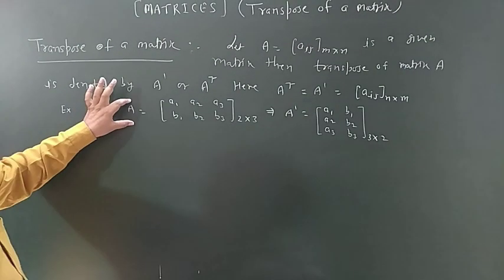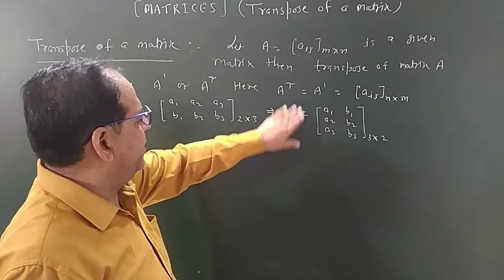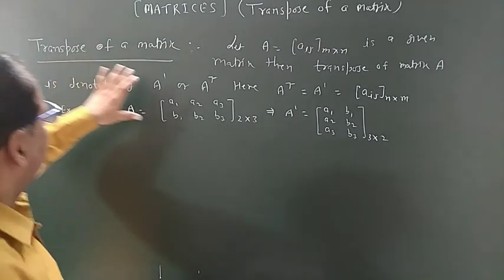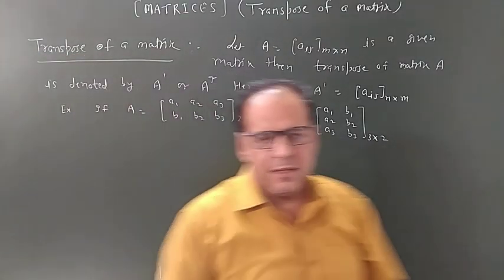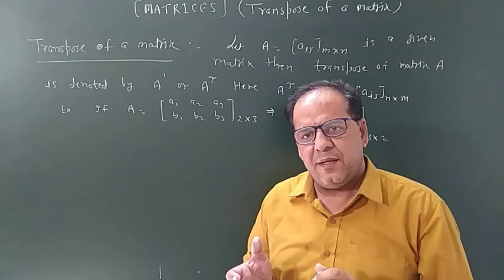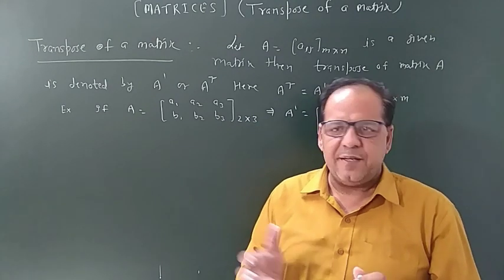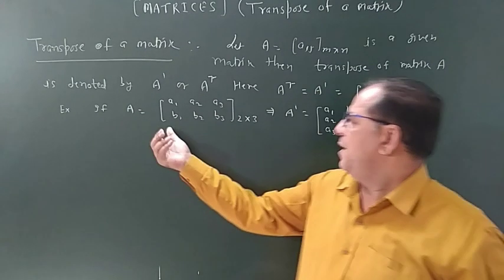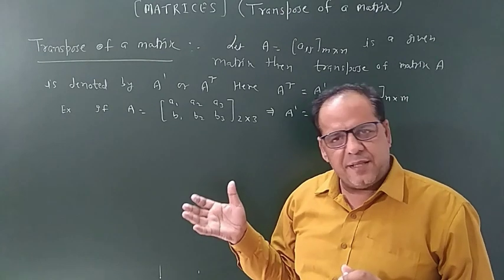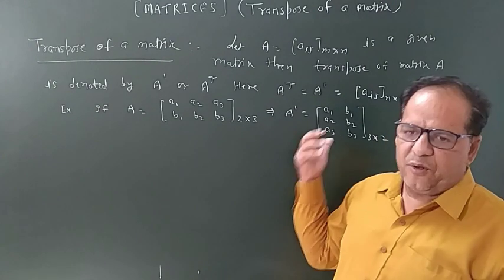If the order of matrix A is 2 by 3, then the order of matrix A dash will be 3 by 2. So this is a basic concept of transpose. That means the transpose of a given matrix is obtained by interchanging the row and column of the given matrix. And the most important thing is that if the order of the given matrix is m cross n, then the order of the transpose matrix is n cross m.